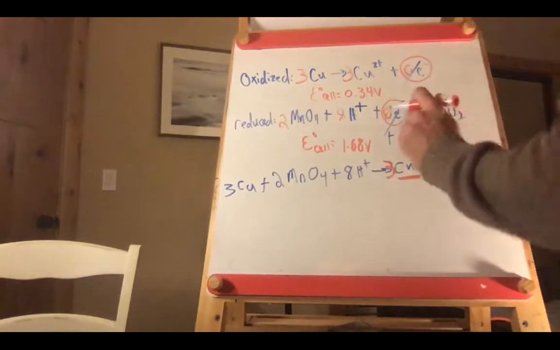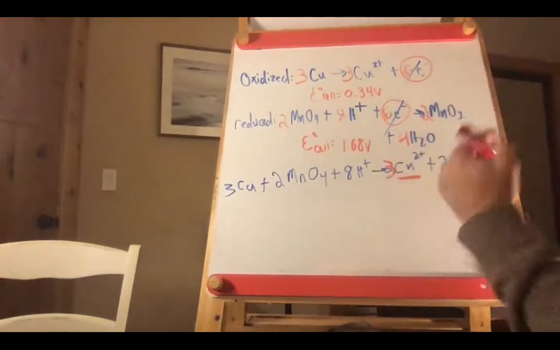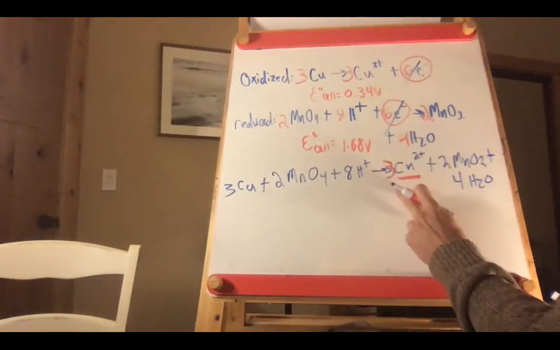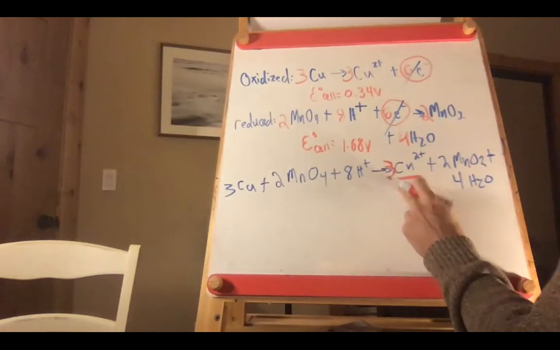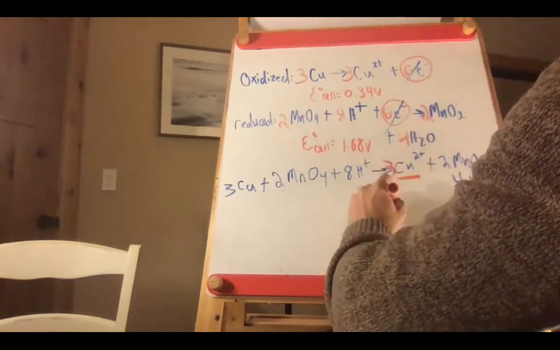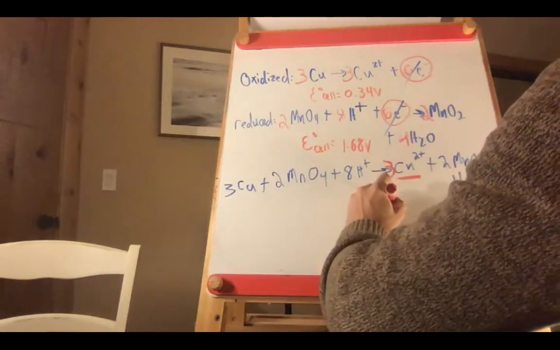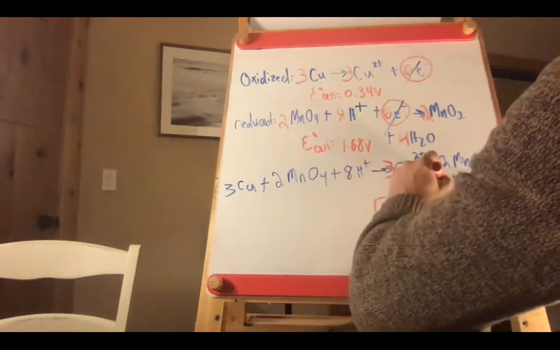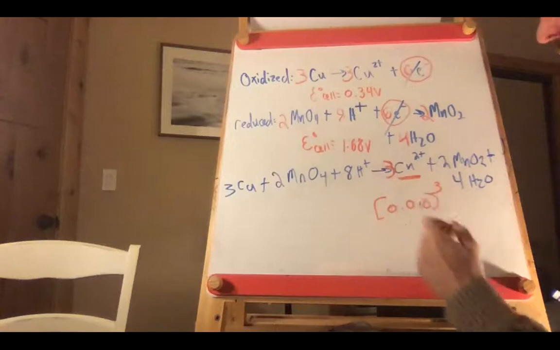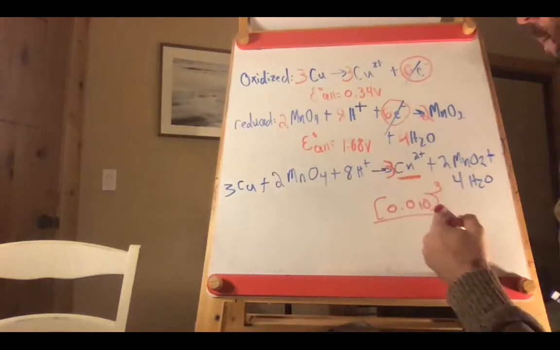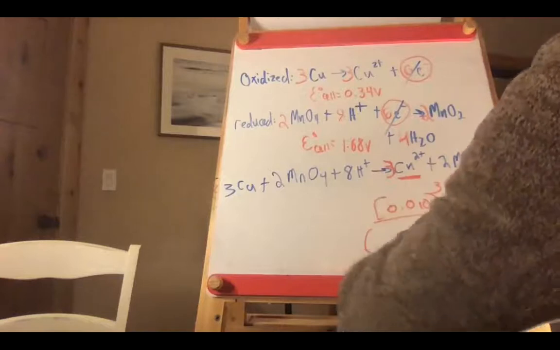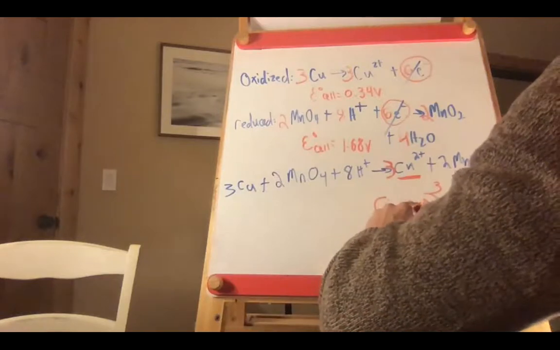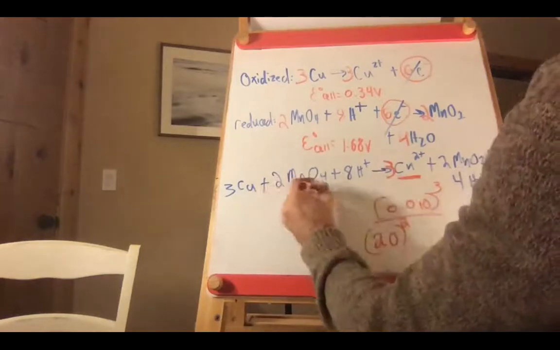So we say that Q is equal to the concentration of the product, so 3 copper ions. So that was, what was that? That was 0.010 raised to the 3rd, right there, over 2.0 raised to the 2nd, right?